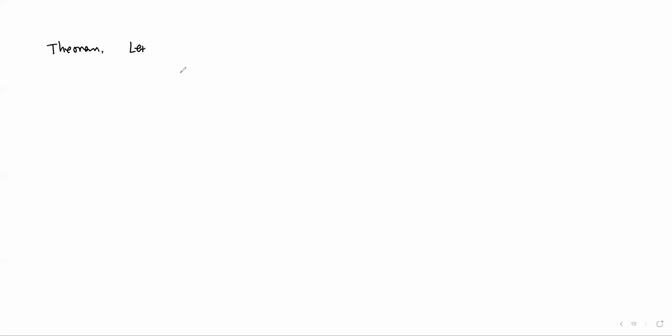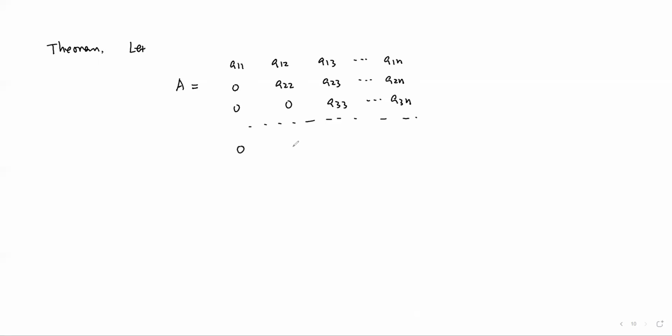Let A be an upper triangular matrix: A11, A12, A13, up to A1n, then 0, A22, A23, up to A2n, 0, 0, A33, up to A3n, and so on, with zeros below the diagonal.